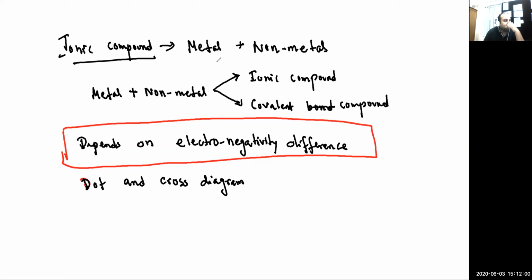Farhan Razin. Yes, sir. You name a metal and a non-metal. Potassium and chlorine. Potassium plus chlorine.